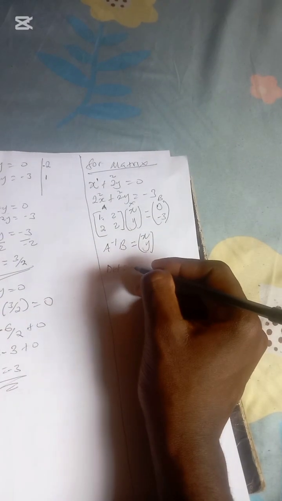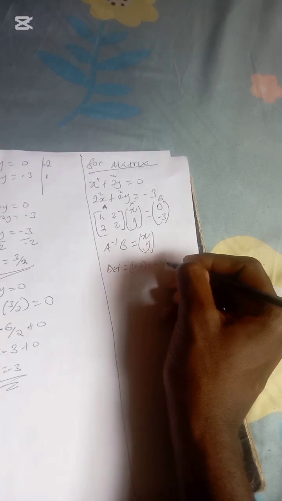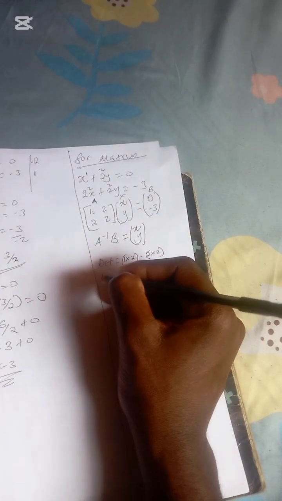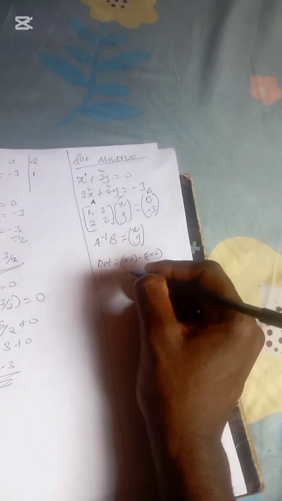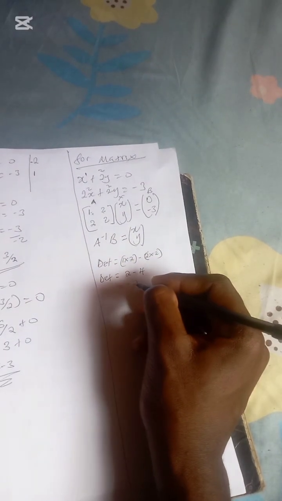So it will be 1 times 2 minus 2 times 2. The determinant there is equal to 2 minus 4, which is negative 2.